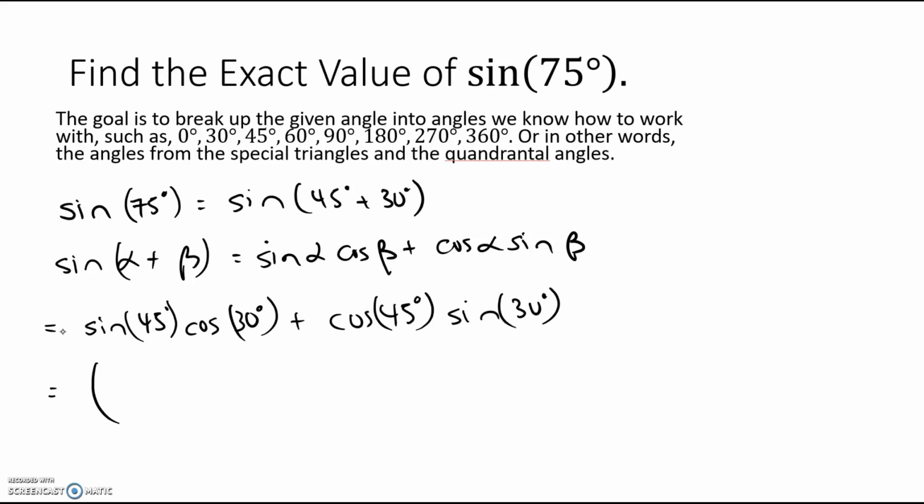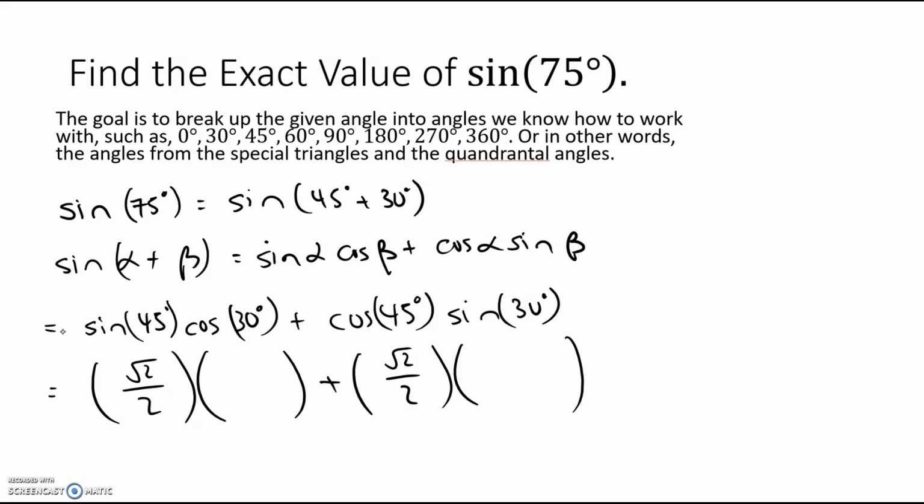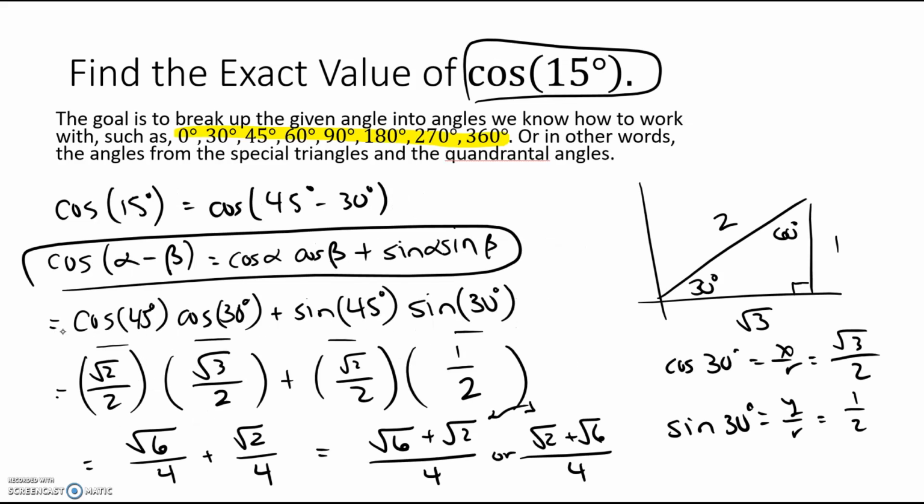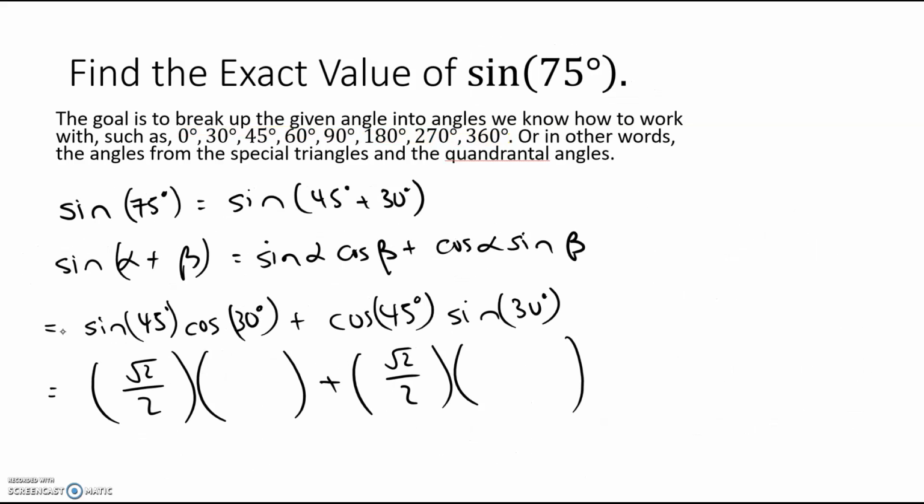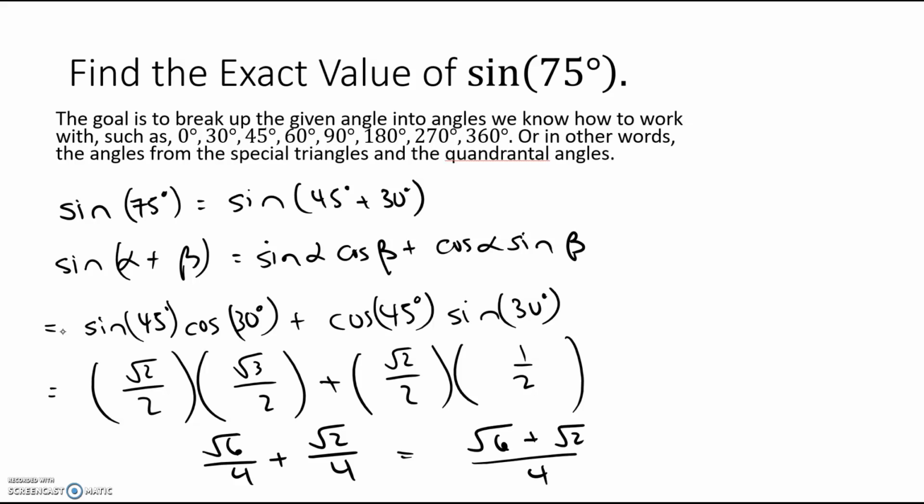So again, we know what sine of 45 is, square root of 2 over 2. And we know cosine of 45, square root of 2 over 2. Sine and cosine of 30, we found that over here. Cosine of 30 is square root of 3 over 2, and sine of 30 is 1/2. So we'll plug that back in over here. So now we have square root of 6 over 4 plus square root of 2 over 4. So square root of 6 plus square root of 2 all over 4. And that's going to be our final answer.